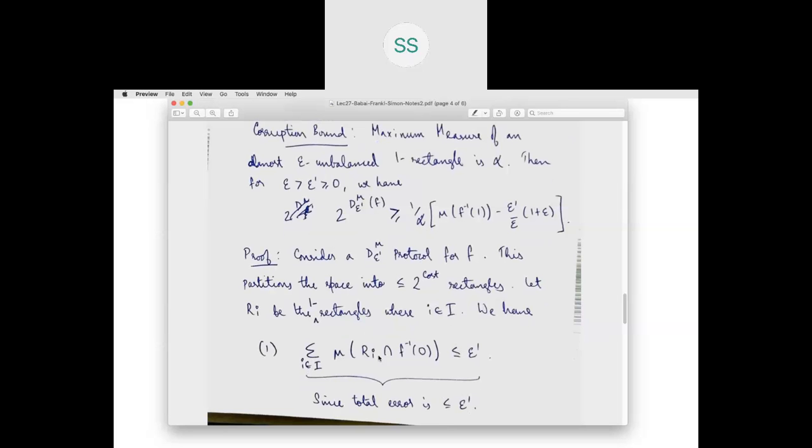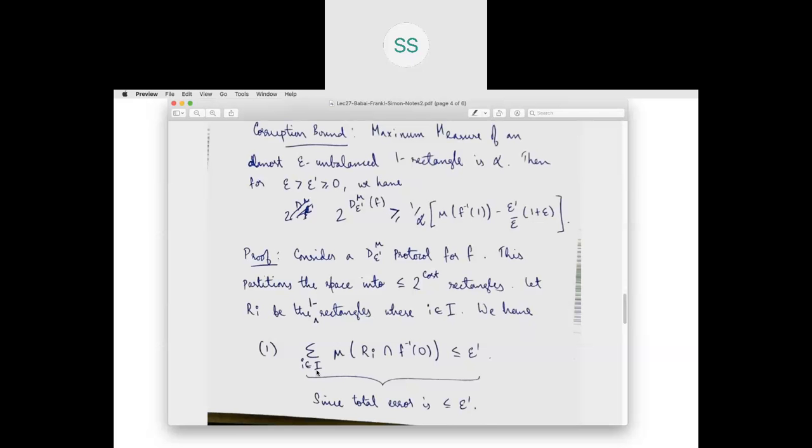Look at the measure of R_i intersection f inverse 0. R_i is a 1 rectangle, and how many zeros are there in R_i? That is what mu of R_i intersection f inverse 0 measures, and then we sum it up over all the 1 rectangles. Basically, we want to see how many zero values are getting output as 1.